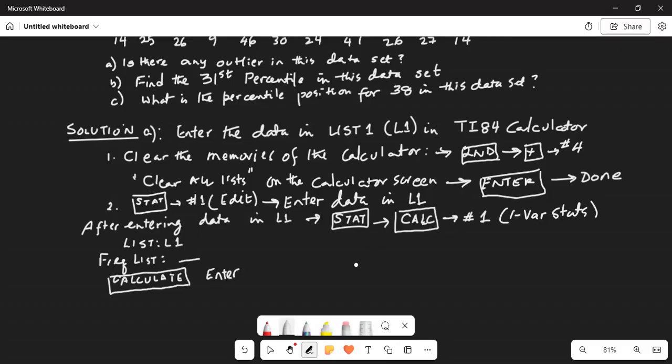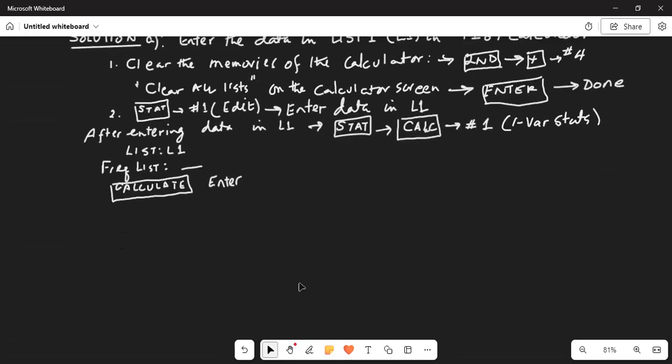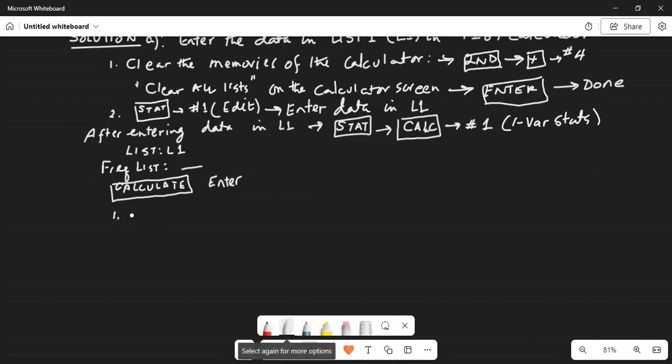Now we are basically looking for the 5-number summary. So if I may move this a little bit up, the numbers we are interested in. The first number is not Q1. First number is minimum, minX, that is the minimum, that is equal to 9.